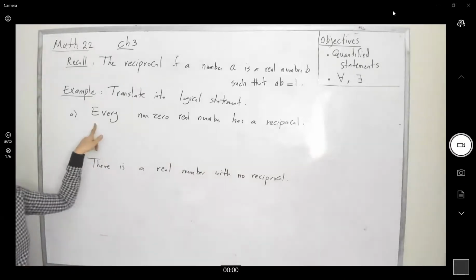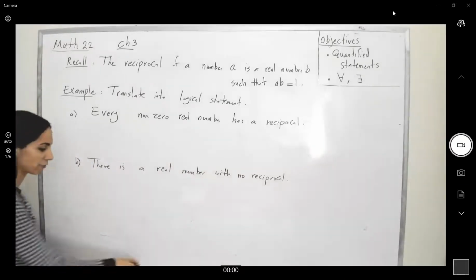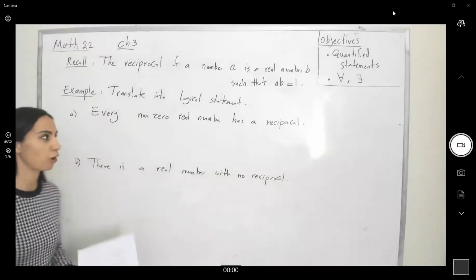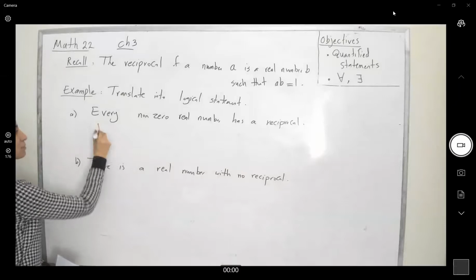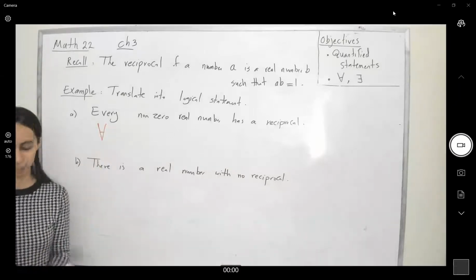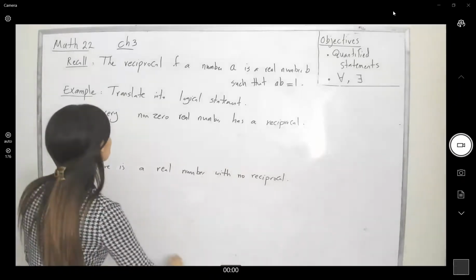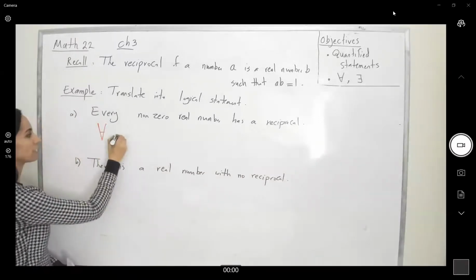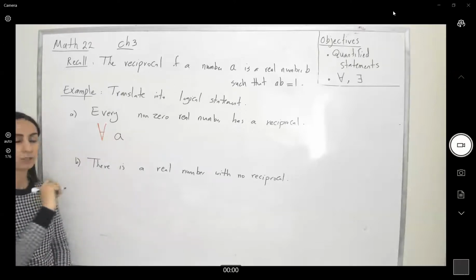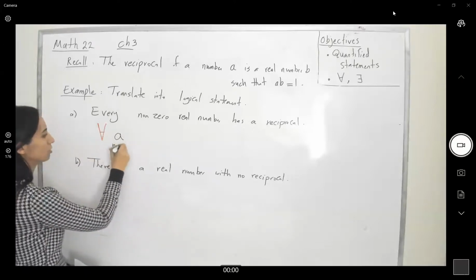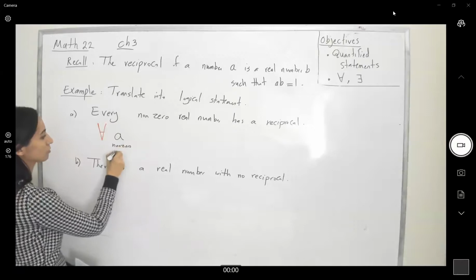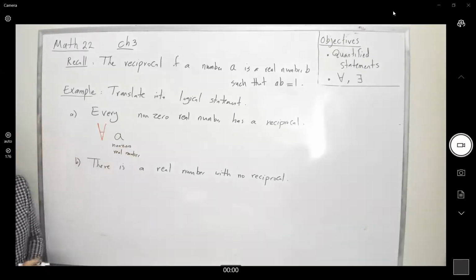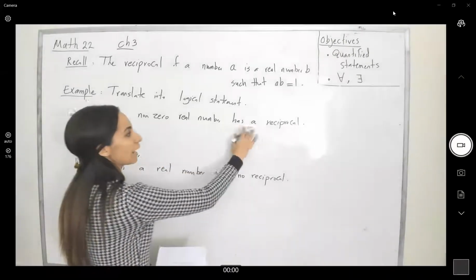So let's begin with the first. It says every. It means any, for all, for any, a universal quantifier. For any non-zero real number, take A to be a non-zero real number. It has a reciprocal.